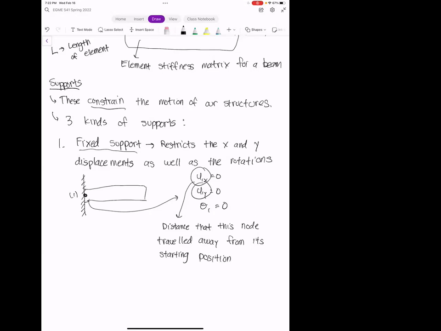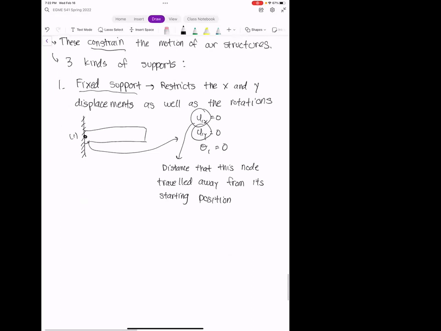And so if we had our 2D truss bars, and a truss bar that looks something like this, so it's a slanted one, it's going to displace by U1x, U1y.